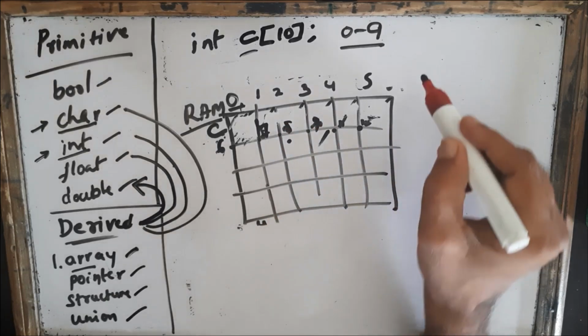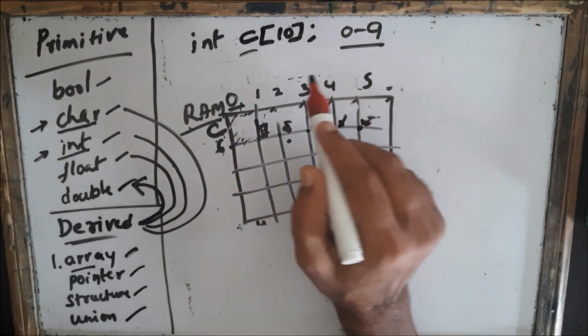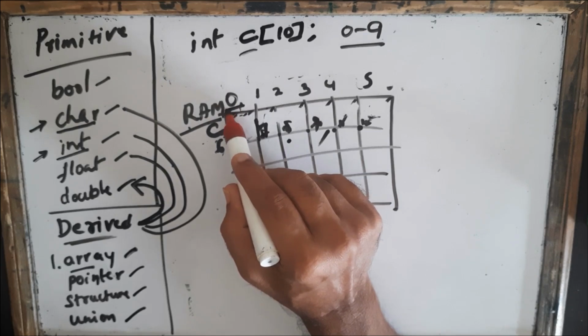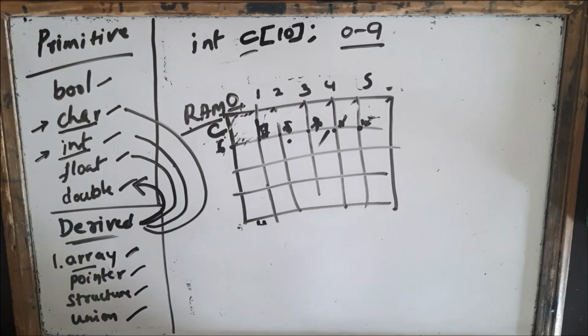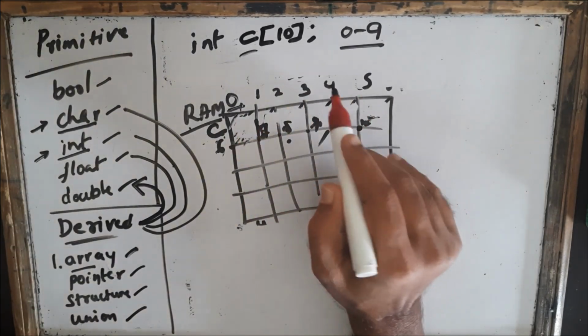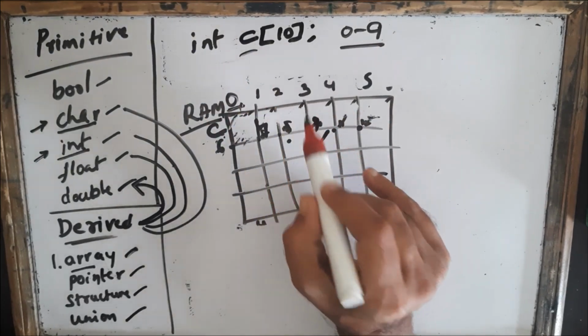Up to 9 will be allocated. So the address also starts with 0 and the index also starts with 0. So 0 to 9 means 10 memory locations will be allocated for integer.